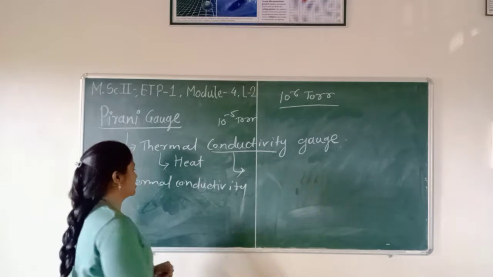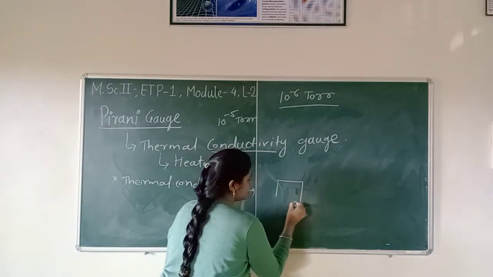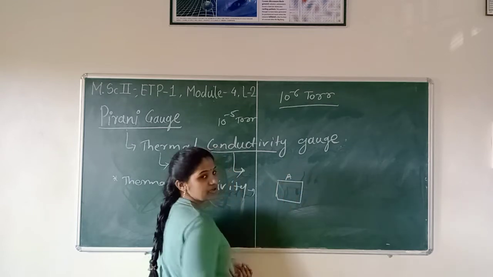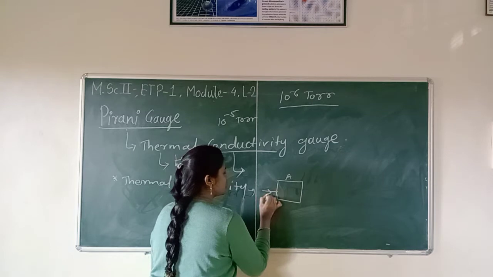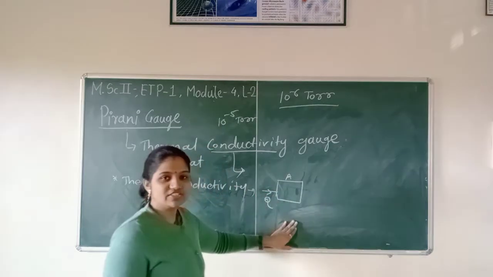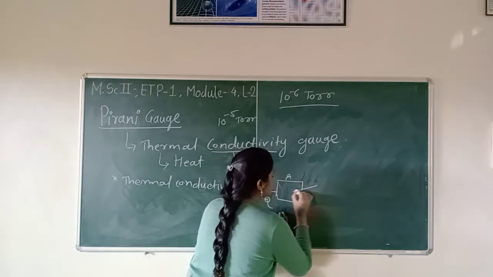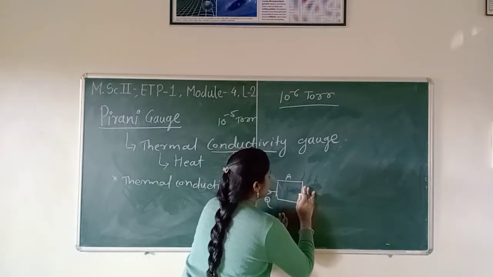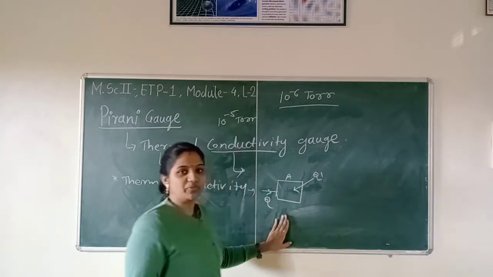What is thermal conductivity? See here, let's consider this is object A, and we are passing an amount of heat Q to this object, and object A absorbs Q1 amount of heat.